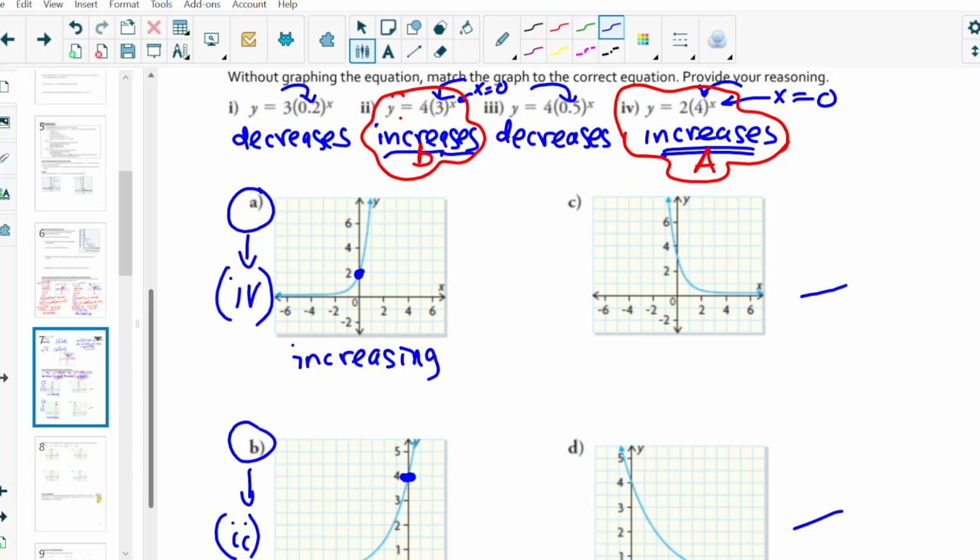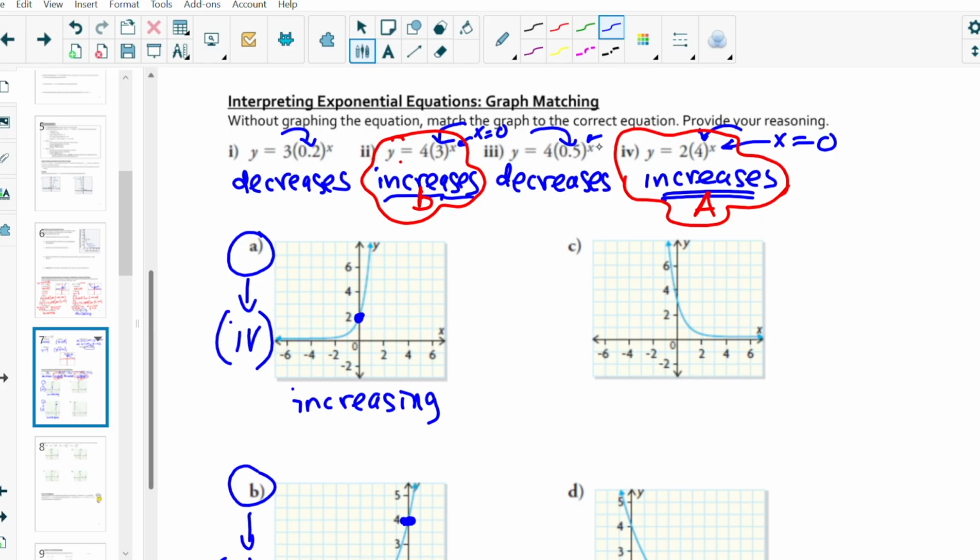All right, let's do the other two, which are the decreasing graphs. I have 3 times 0.2 to the x and 4 times 0.5 to the x. Again, the clue here is to look at y-intercepts. So let's start with this one. When x equals 0, 0.5 to the 0 is 1, times 4 is 4.